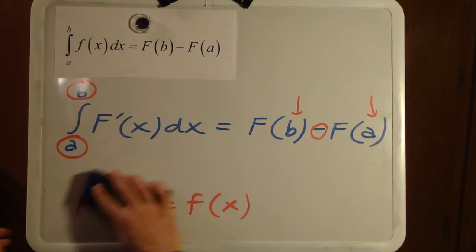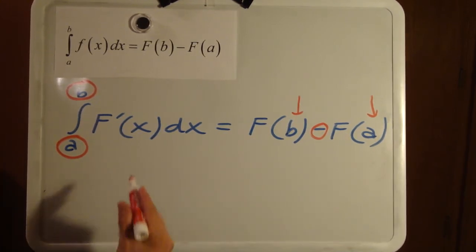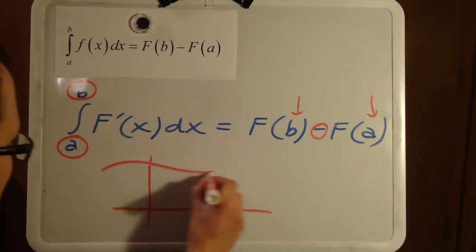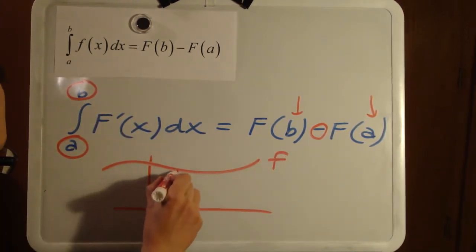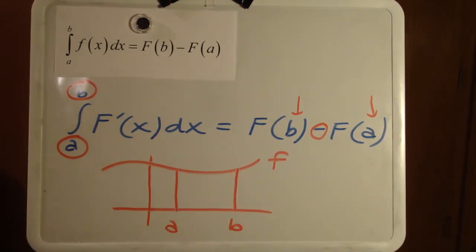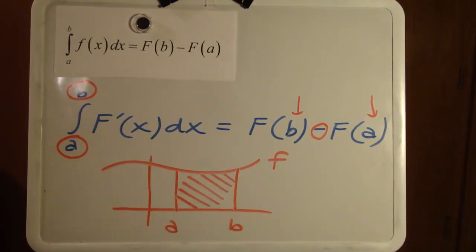So when we try to understand the fundamental theorem, it's really telling you this. So you could have some function here. So this little f is the same as the f here. And so you bound this function on the left at A, on the right at B. And remember, it's been quite some time we're trying to talk about how do you find the area underneath the curve.